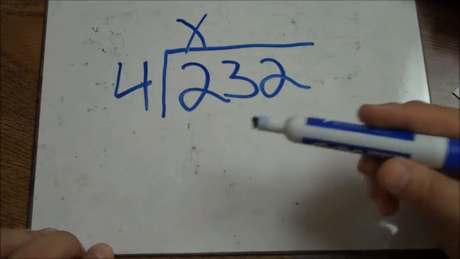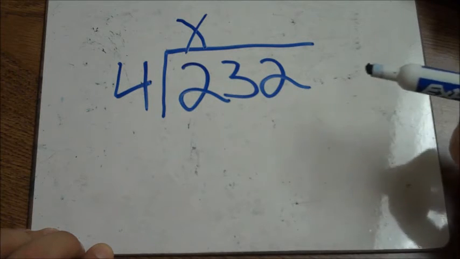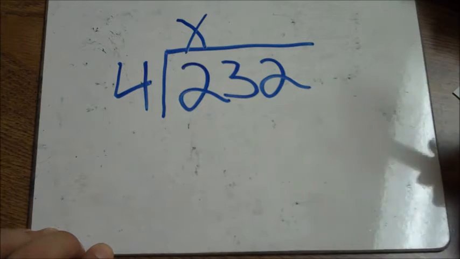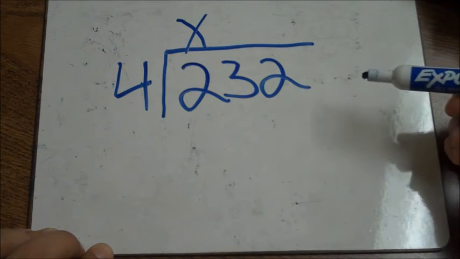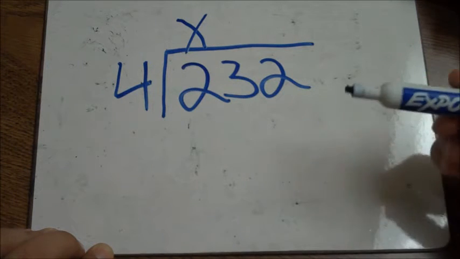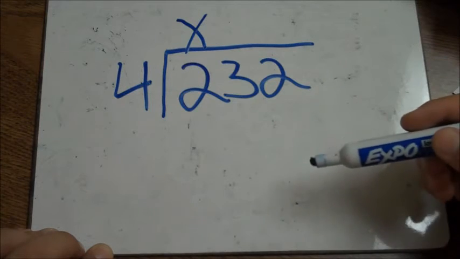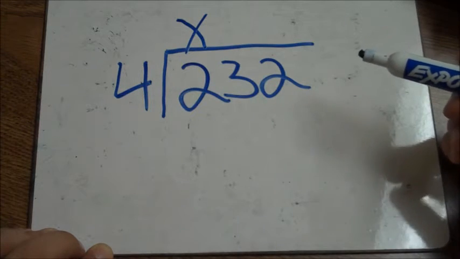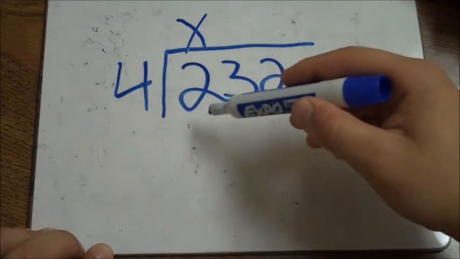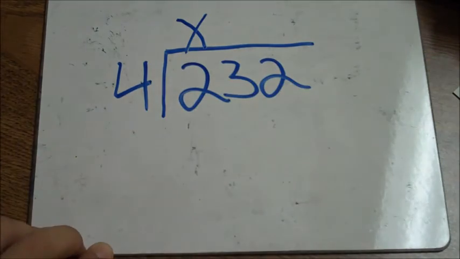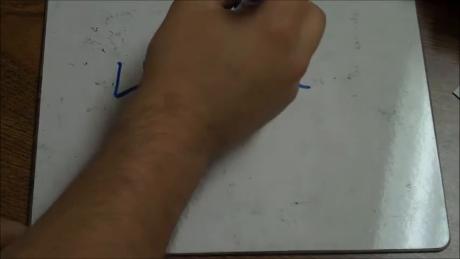What number is close to 23 that 4 evenly goes into? Well, 20 is a number that 4 evenly goes into, and it goes into that 5 times. Another number close to 23 is 24 that 4 evenly goes into, but 24 is too big, so I'm not going to even consider that one. So let's go back to the other closest one, that's 5 times 4 to be 20.